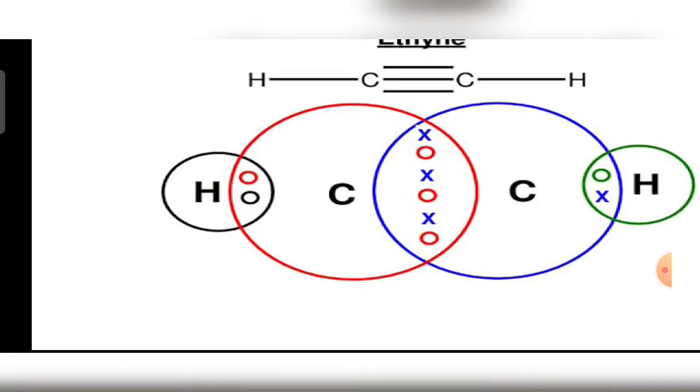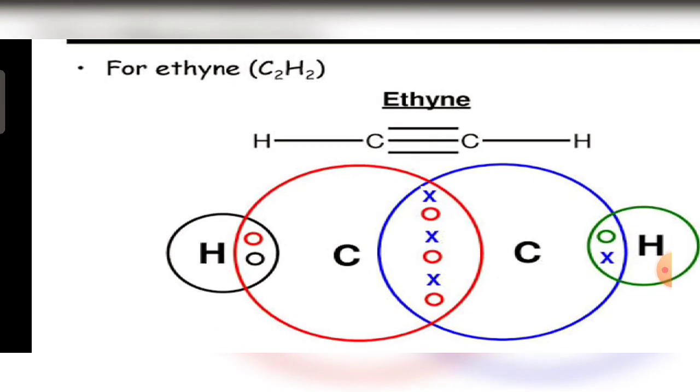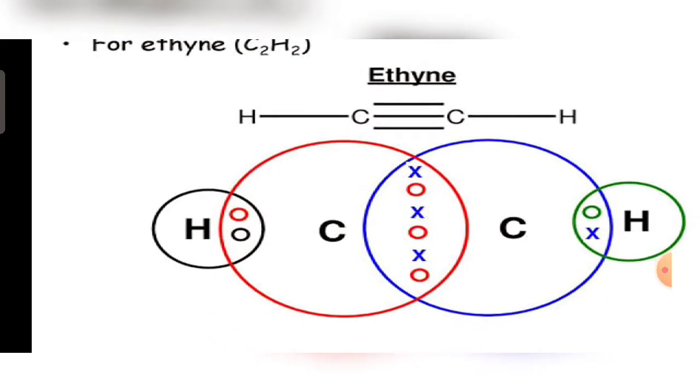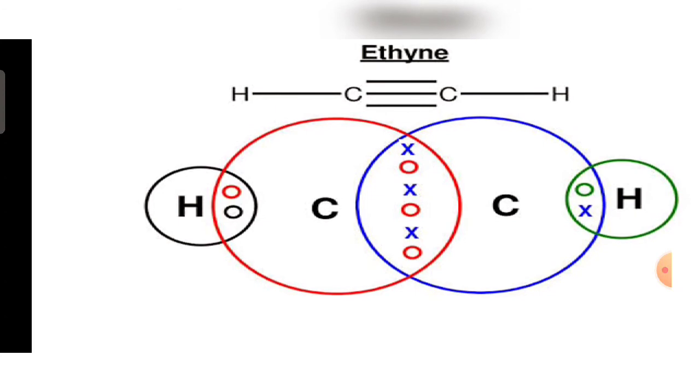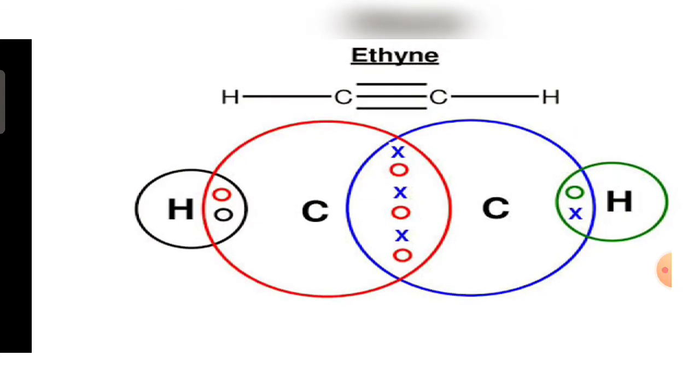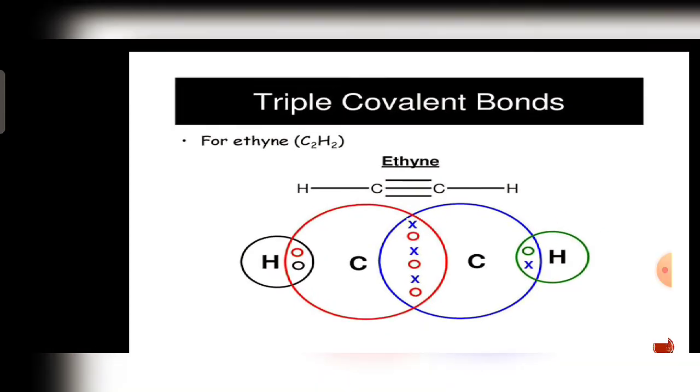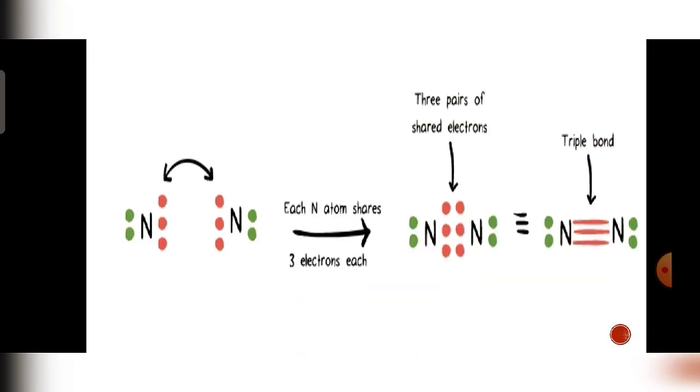So because both carbon atoms are sharing three electrons, they will form a triple covalent bond, and it will be represented by triple lines between them. And here is also the example of the N2 molecule. We know that nitrogen belongs to the 5th group. It has 5 electrons in its outer shell, and it requires only 3 electrons to complete its octet.